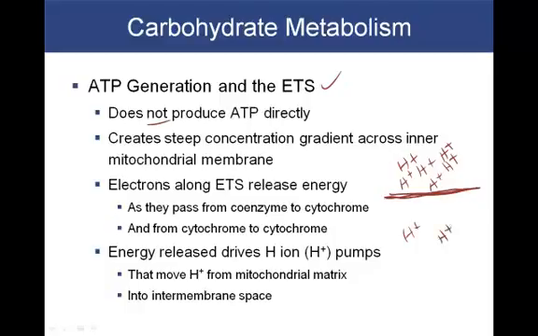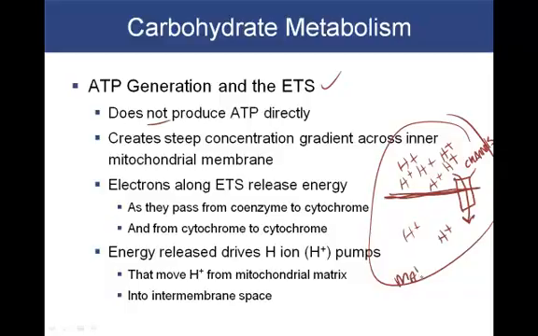This system wants to reach a state of equilibrium. It wants the same number of hydrogen ions on one side as the other. And we have in this membrane a channel, a hydrogen ion channel, that allows hydrogen ions access back across the membrane into the matrix of the mitochondria.